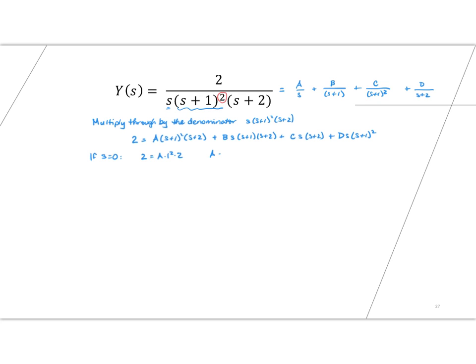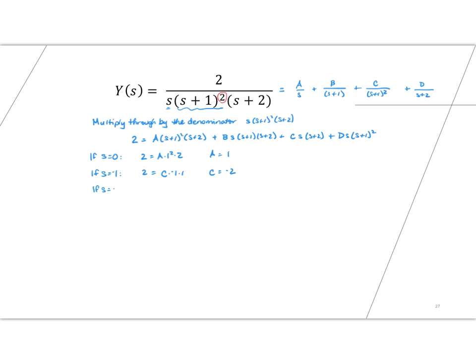Therefore, A is equal to 1. For the next piece, s plus 1, the zero is s equals negative 1. And so 2 is 0A, 0B, C times negative 1 times 1, and 0D. Therefore, C will equal negative 2.